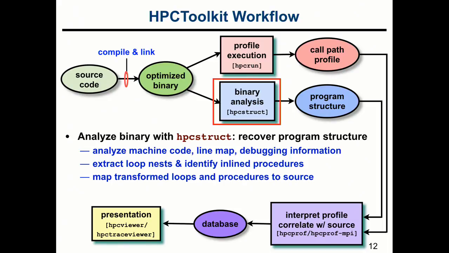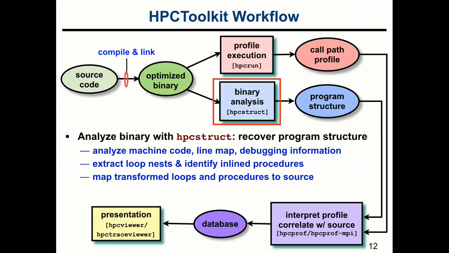So we've profiled our execution, and we get this call path profile that tells us where all the time was spent, or where all of the resources were consumed. And then we do this binary analysis to collect this program structure that says, how does the machine code relate back to my application source?